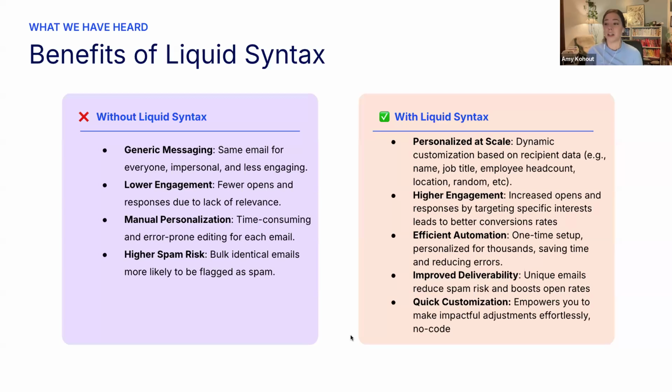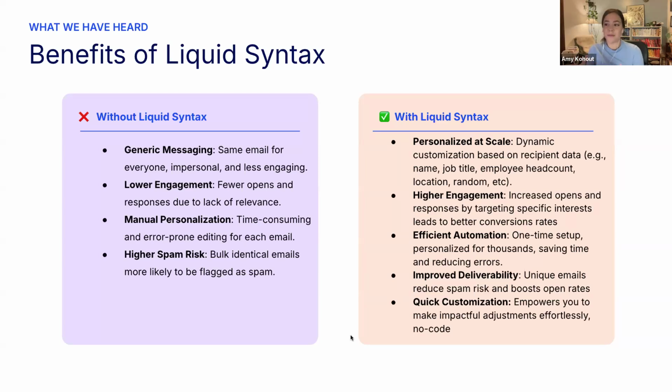For example, I had a client recently who had about 5 sequences running and their subject line was the same. So they were incurring about a 20% spam rate, and we were able to deduce that it was the subject line causing the spam rates. So a really great way to introduce liquid syntax is using it in your subject line to create that variability at scale and, of course, help with your open rates.